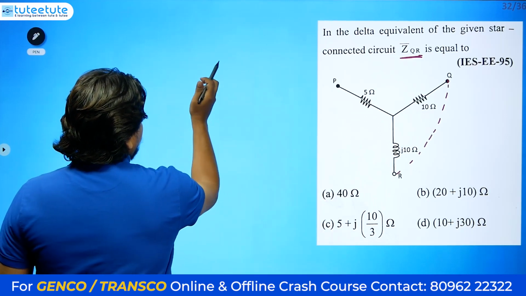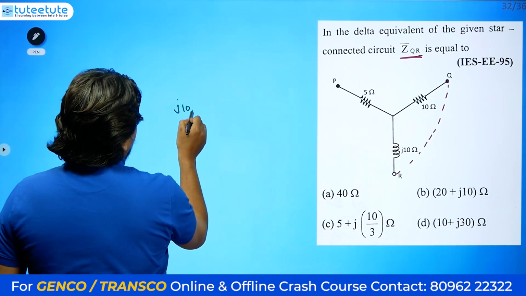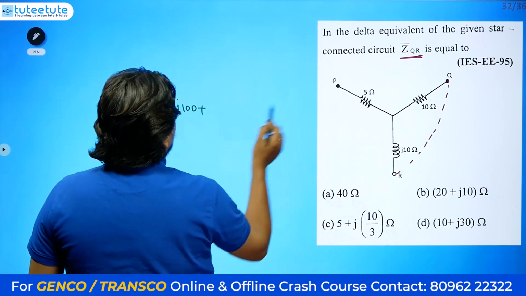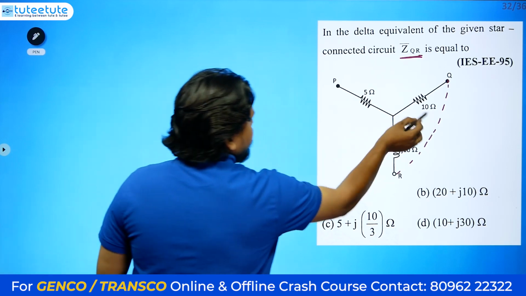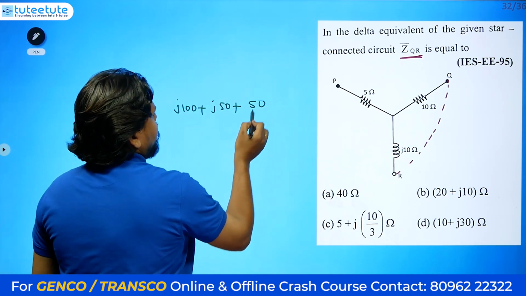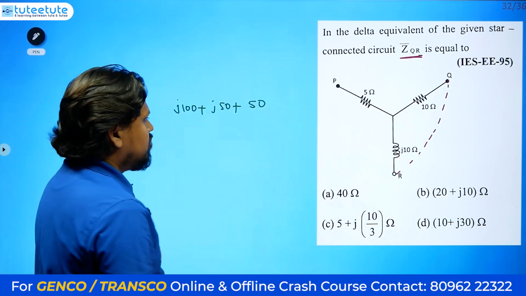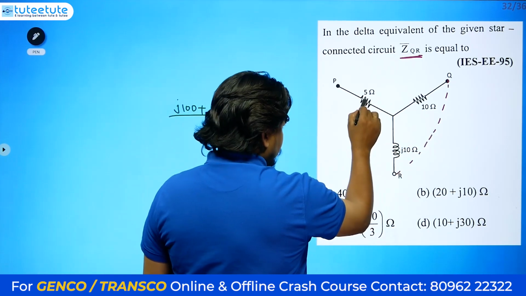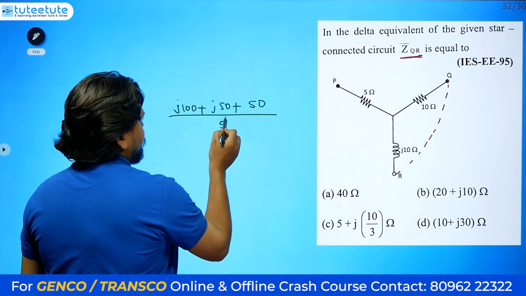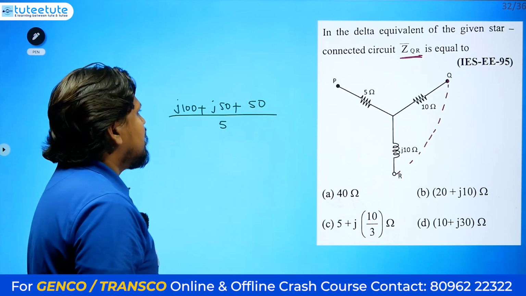So 10 into J10 is J100, plus J10 into 5 we get J50, plus 10 into 5 we get 50. So the numerator is confirmed. Then for the denominator, you want the impedance here, so the opposite one you have to give, so divided by 5. So this is the complete one.